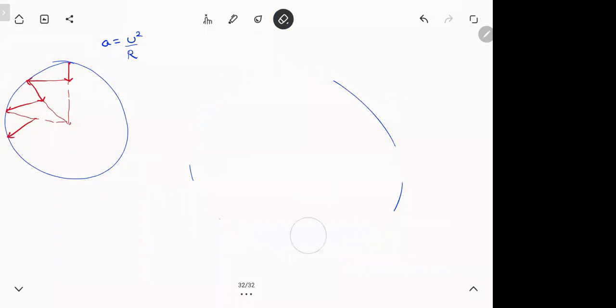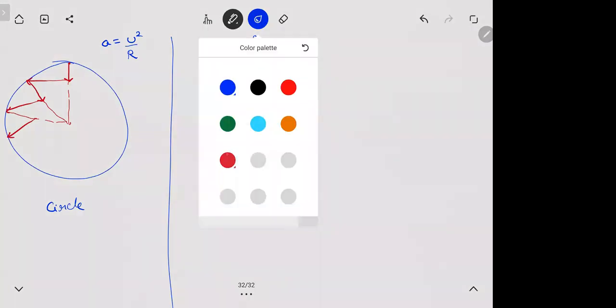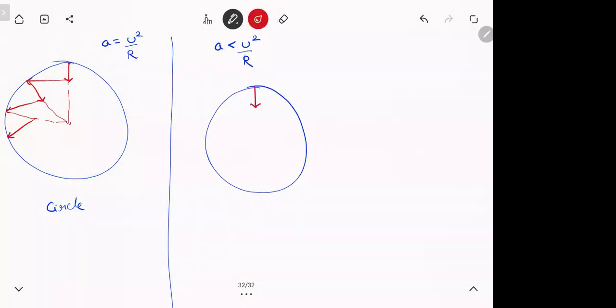What happens if the acceleration is more than this? So this is the scenario for a circle. Every time it falls towards the center, it gets back on the circle. What if a is less than u square by r? Means you're giving acceleration less than required. Then you will fall down, but you will go outside more. Means the particle will start spiraling out.